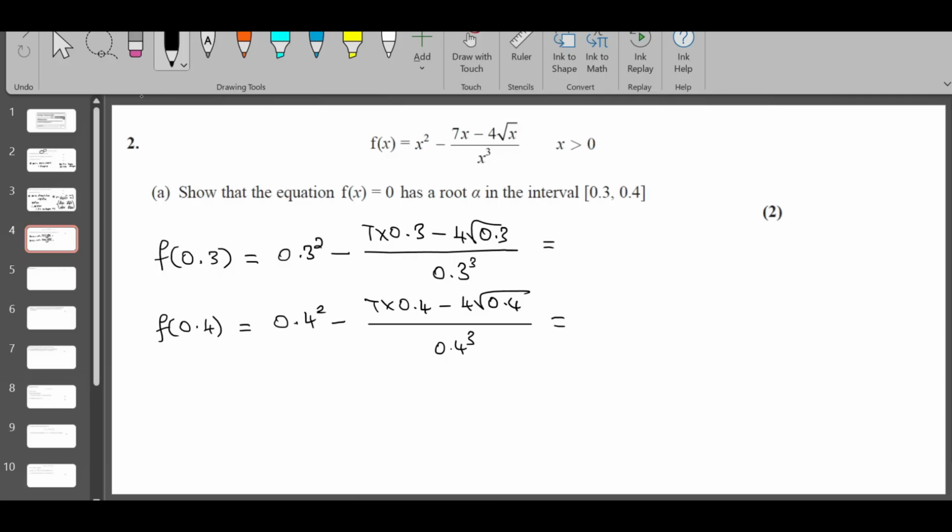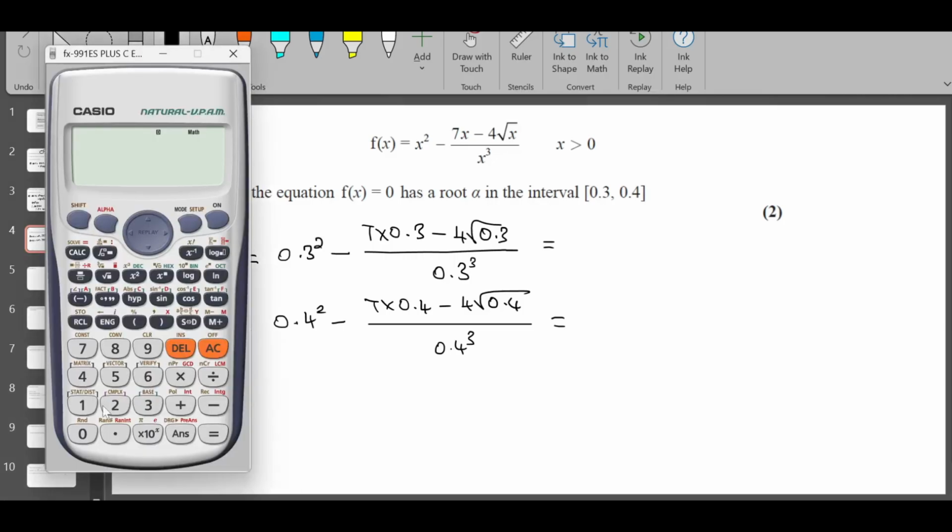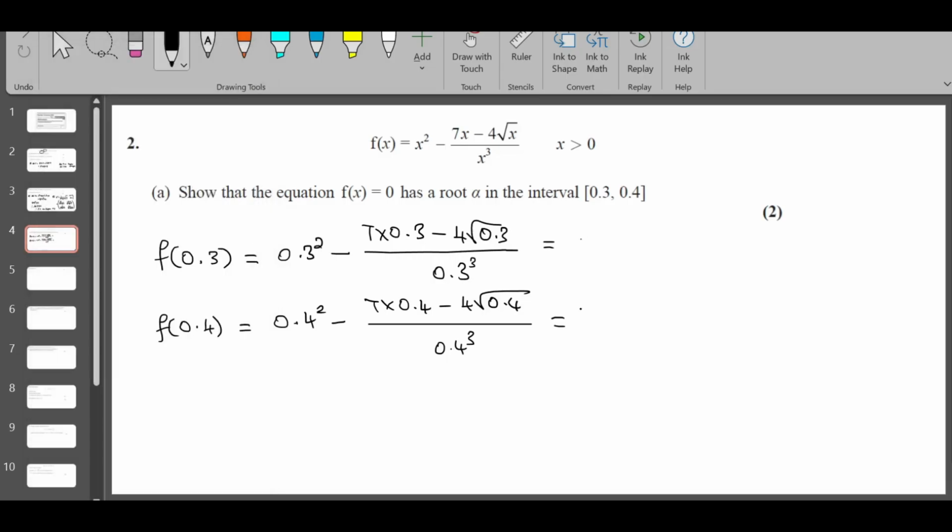Let's get these values first. So 0.3 squared minus 7 times 0.3 minus 4 square root of 0.3 divided by 0.3 to the power 3 gives 3.456 and so on. It's a positive number, right?